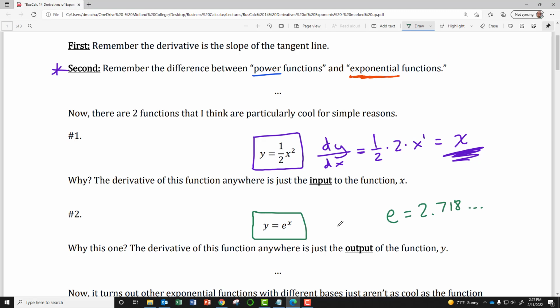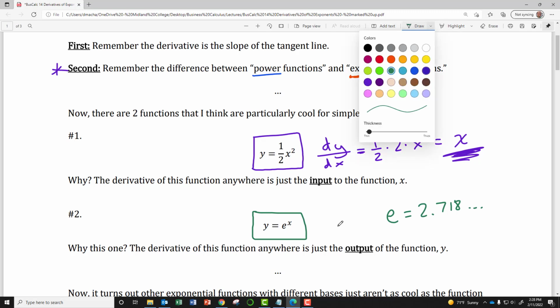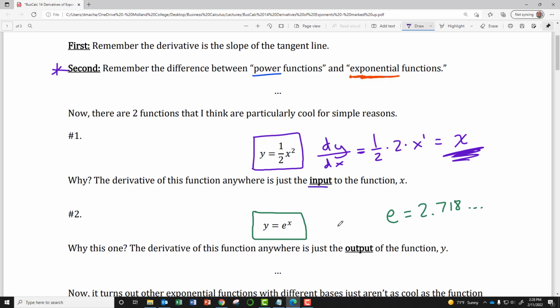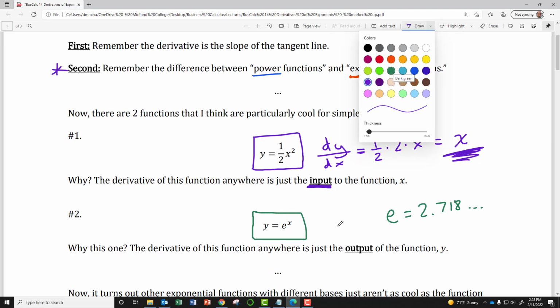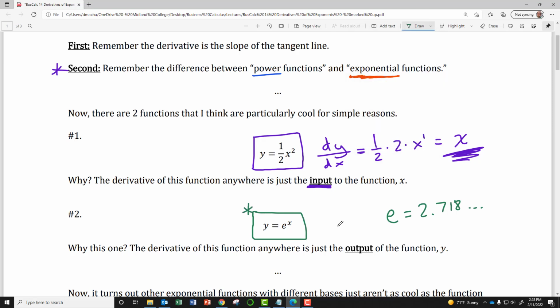What's sort of special about this, I want you to realize the difference. With that function I just showed you, the slope of the tangent line, or the derivative, was just the input to the function. But actually for this special function, what makes it special is that the derivative of this function anywhere is just the output of the function.